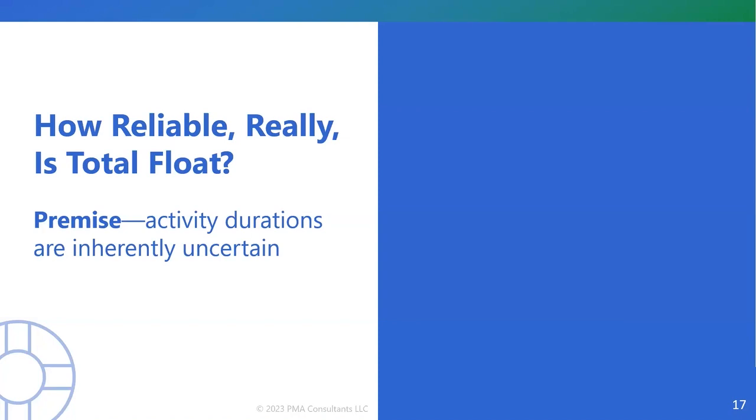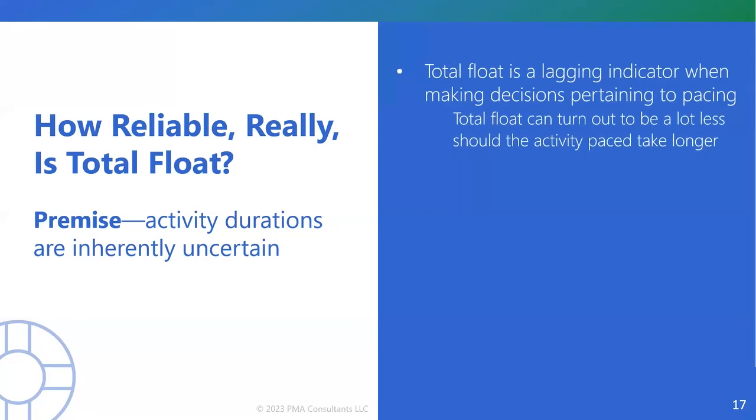So the thing about total float, though, is that total float is a lagging indicator. What does that mean? Let's say you have an activity that lasts 60 days and it's got 40 days of total float. You decide, well, I'll put it off for 30 days. You come back 30 days later, and, shoot, maybe access to your area of the project has been hampered somehow.